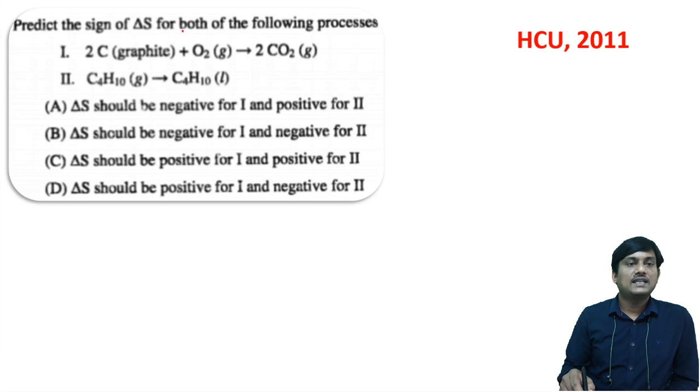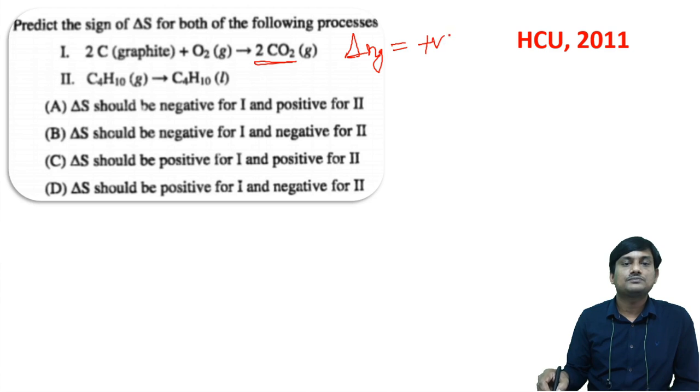Predict the sign of delta S for both the following processes. Graphite is converted into CO2. The number of gas molecules on the right side is 1 and here 2 moles, so delta n g is positive. So delta S increases. When there are more gas molecules on the product side, there is an increase in delta S. And gas is converted into liquid, so delta S decreases.